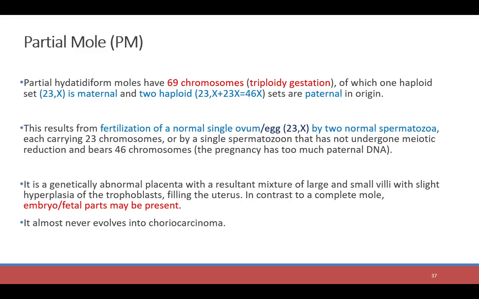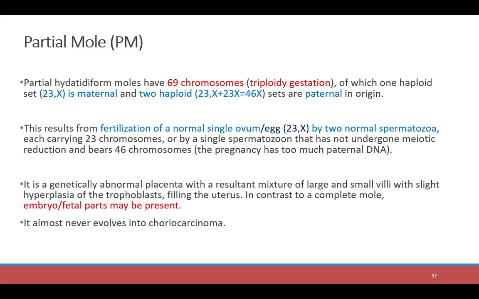As I said, in the partial mole, we have three sets of chromosomes. We have 69 chromosomes, one maternal and two paternal. Definitely one of them is maternal. So in partial mole, we see maternal and paternal chromosomes. In complete mole, only maternal chromosomes. 46 in complete, 69 in the partial.